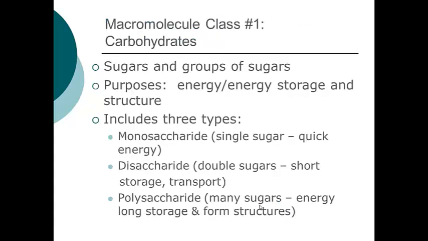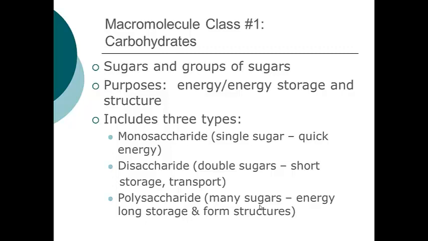The first of the macromolecule classes that we're going to talk about are carbohydrates, and carbohydrates are extremely important because they are sugars and groups of sugars. The purpose of carbohydrates is energy storage and to provide energy. Your body uses carbohydrates as fuel.